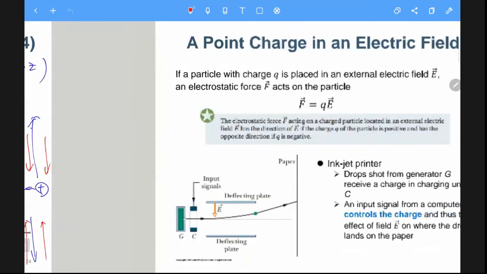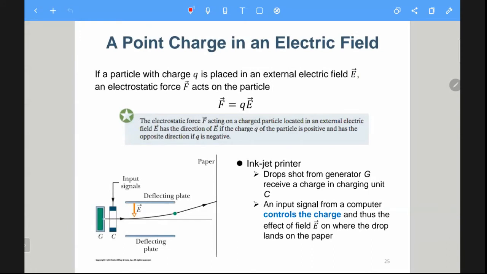Okay. So here, it used this result to try to explain the mechanism of the inkjet printer. 喷墨打印机. So if a particle with charge Q is placed in an external E field, an electrostatic force F acts on the particle.